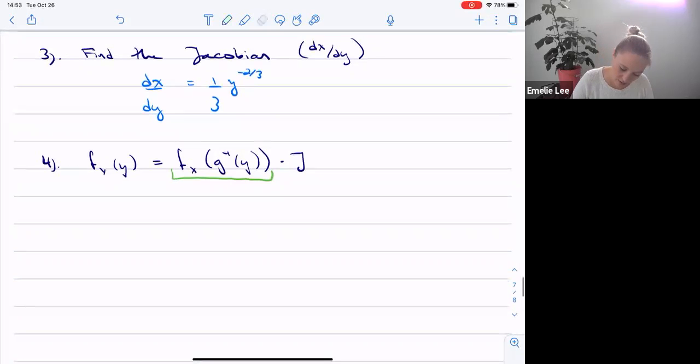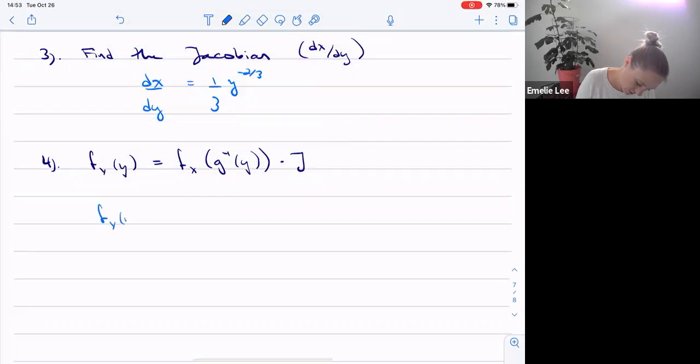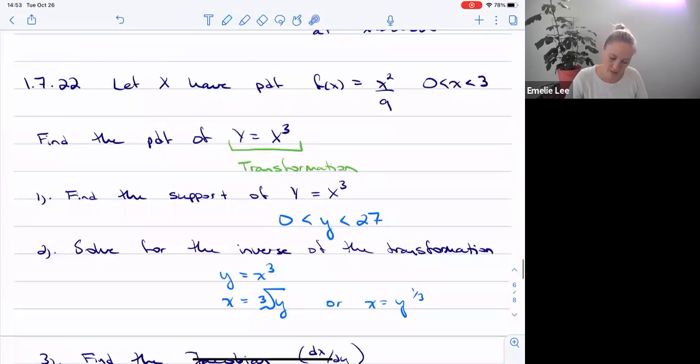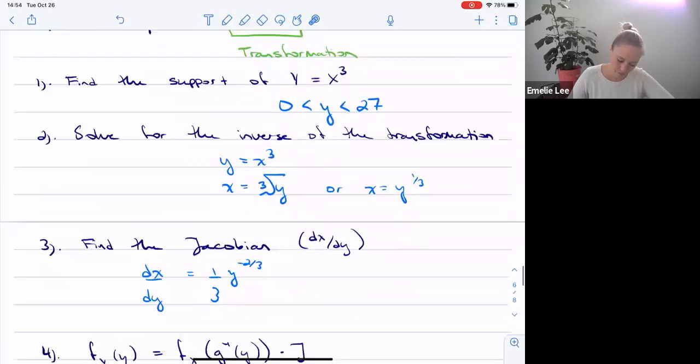Okay. And so, maybe I just do it because I'm short on time here. f_Y(y) is going to be, in this case, x squared over 9. That's my f of x. But now I'm saying that, okay, x is actually going to be replaced with the third root of y, or y to the 1 over 3.